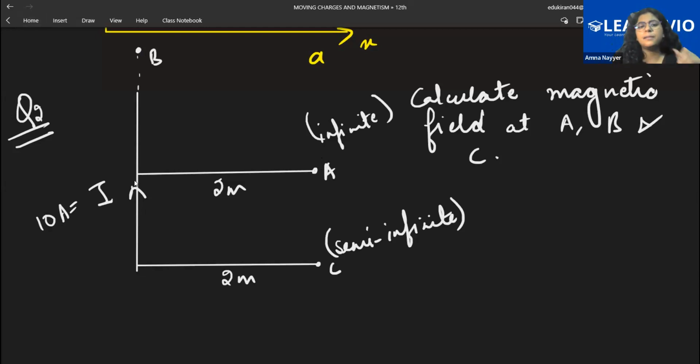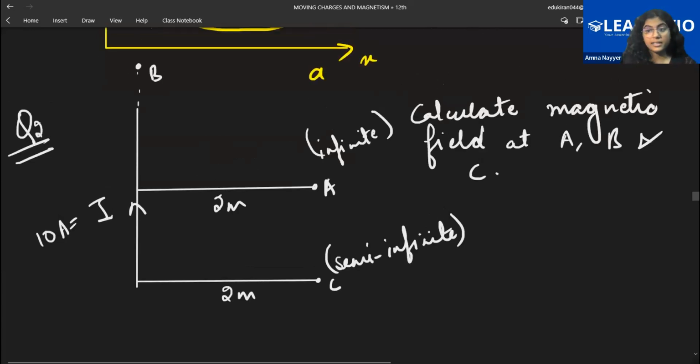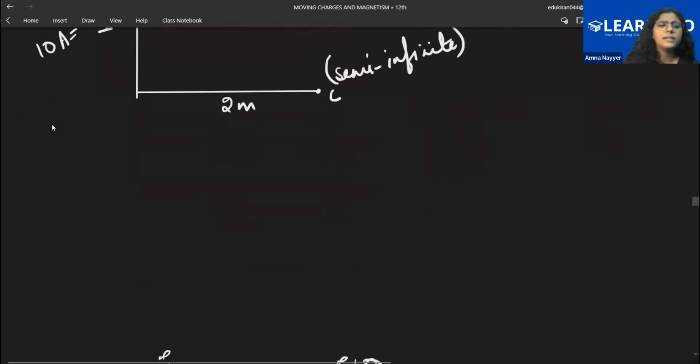A point is separated by 2 meters from the wire. Here the current which is moving is 10 amperes upwards towards J cap, the Y axis. Fine. And we don't need anything else. So this is an infinite wire. It's mentioned near A point, and that mentioning has been done through the question itself. I have not written it. So, magnetic field at the A point.